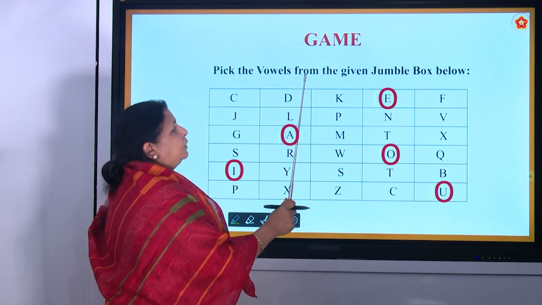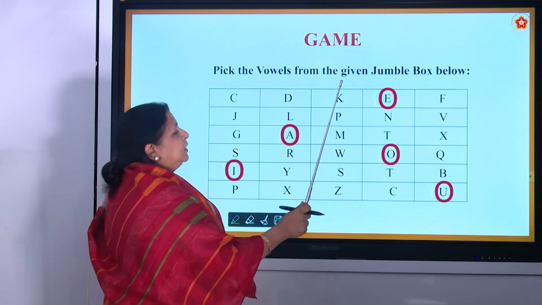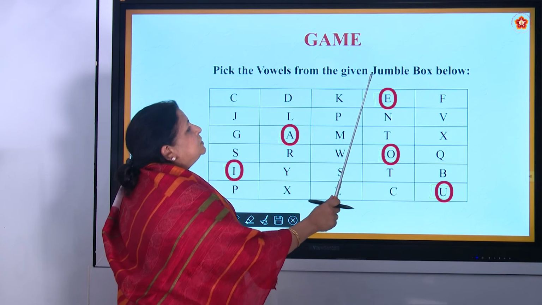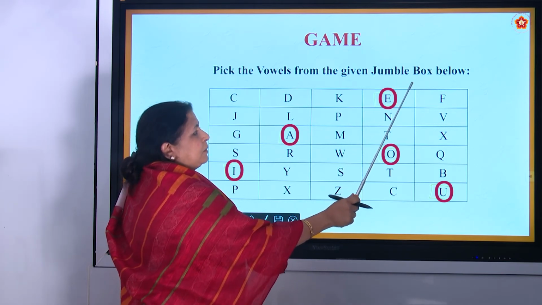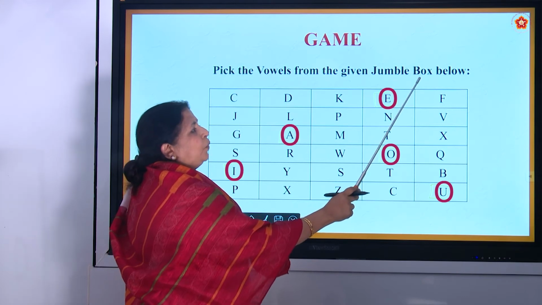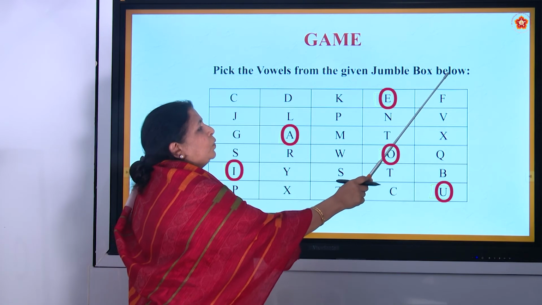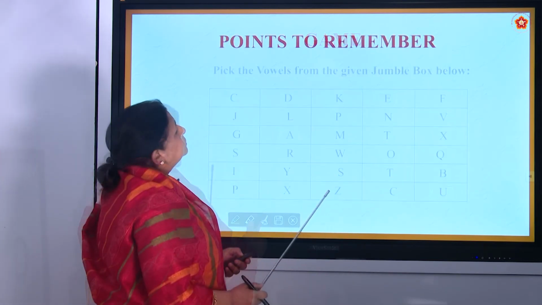From, F-R-O-M, from. The, T-H-E, the. Given, G-I-V-E-N, given. Jumble, J-U-M-B-L-E, jumble. Box, B-O-X, box. Below, B-E-L-O-W, below. Okay, children? Very good.